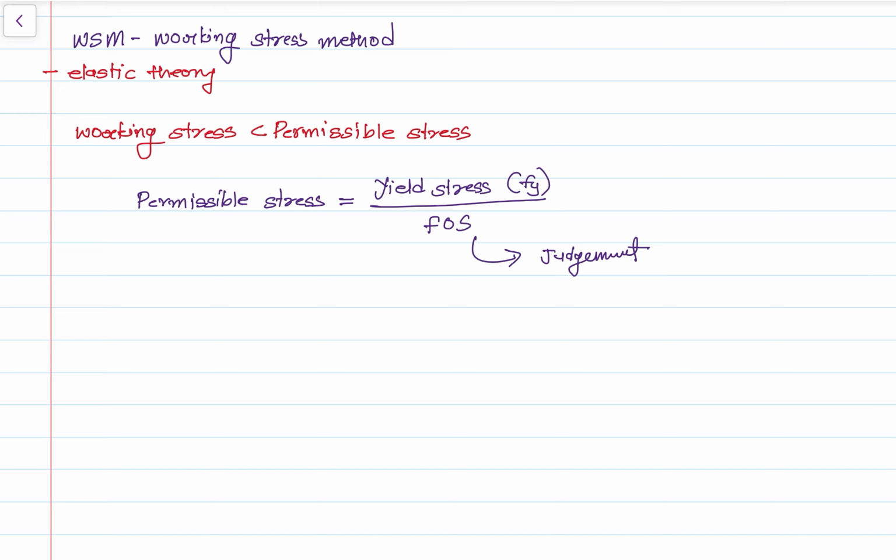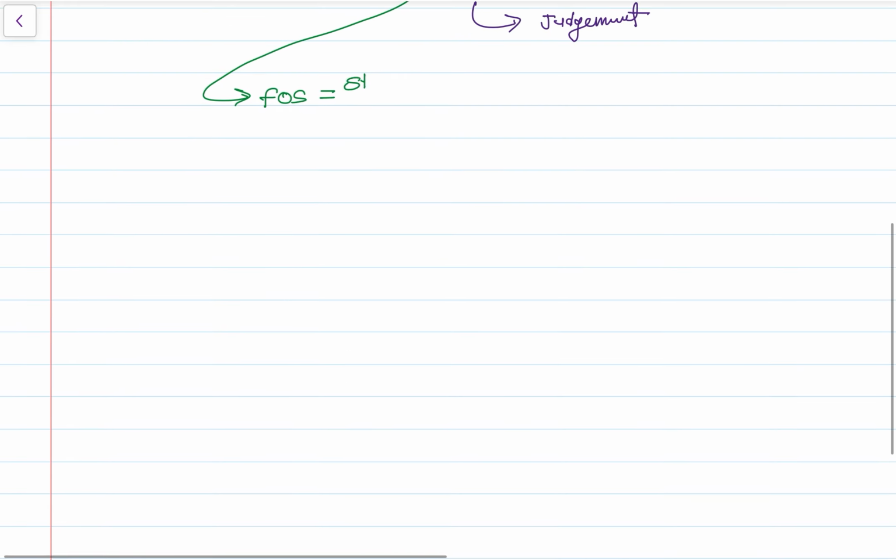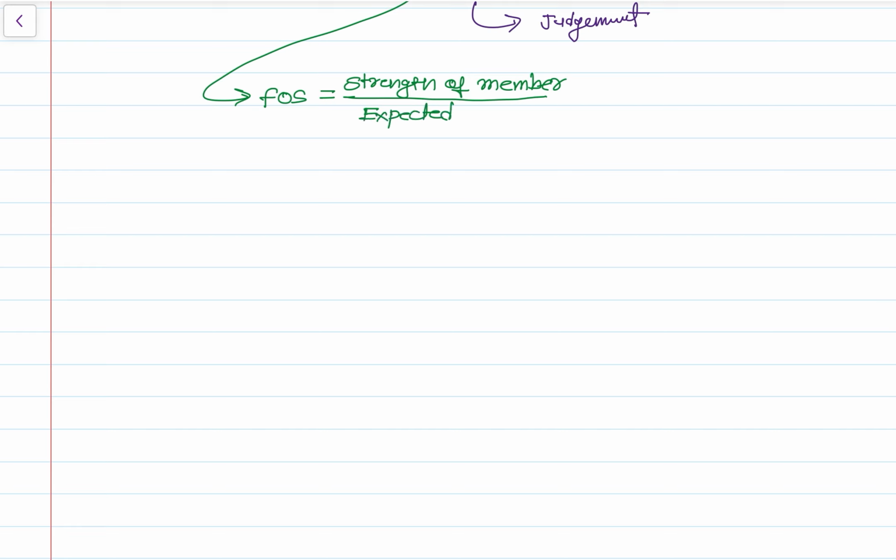This factor of safety is calculated as the strength of a member divided by the expected force.